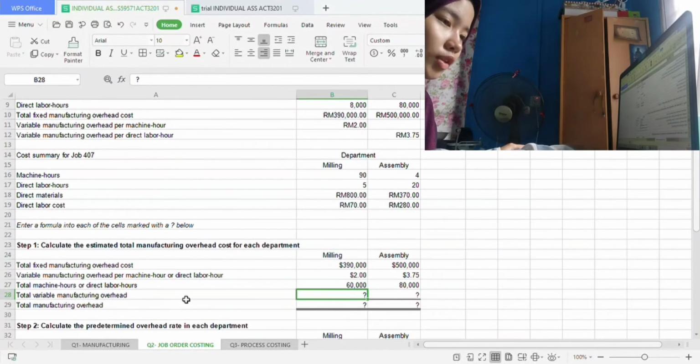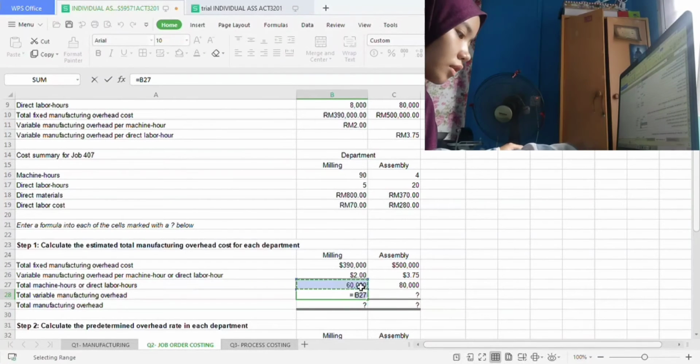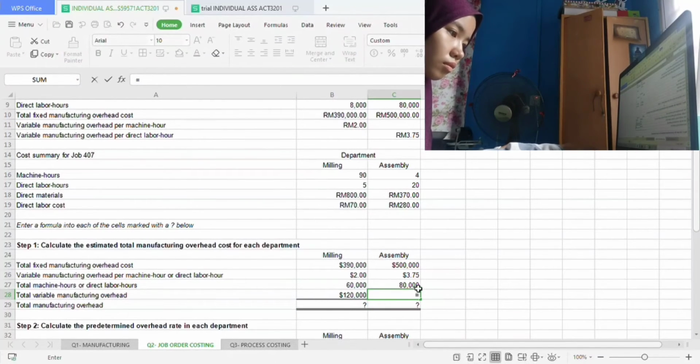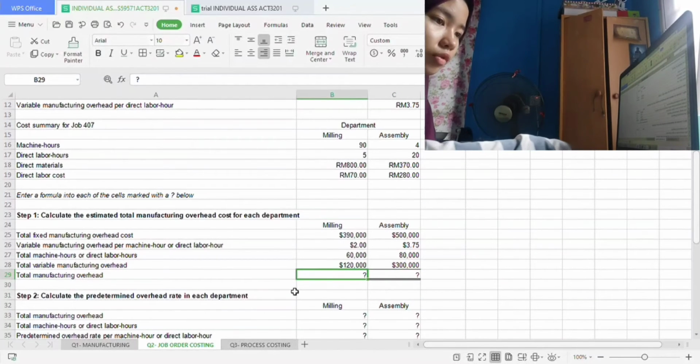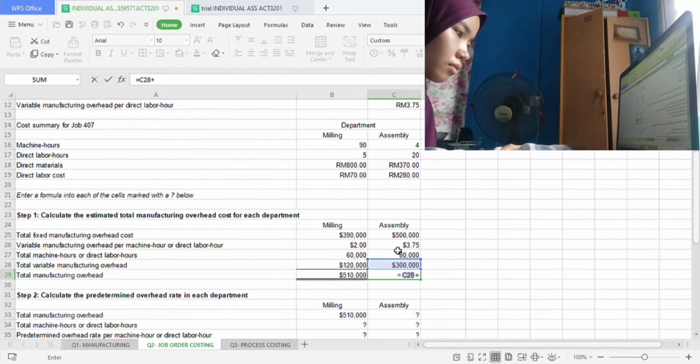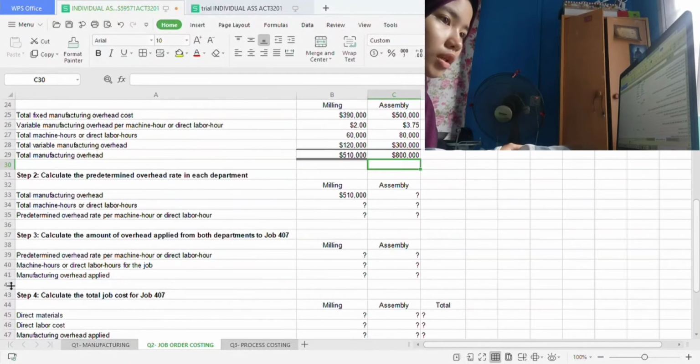To get the total variable manufacturing overhead, we multiply the variable manufacturing overhead per machine hour or direct labor hour by total machine hours or direct labor hours. Then we total the manufacturing overhead: total fixed manufacturing overhead plus total variable manufacturing overhead. So we got the total manufacturing overhead.